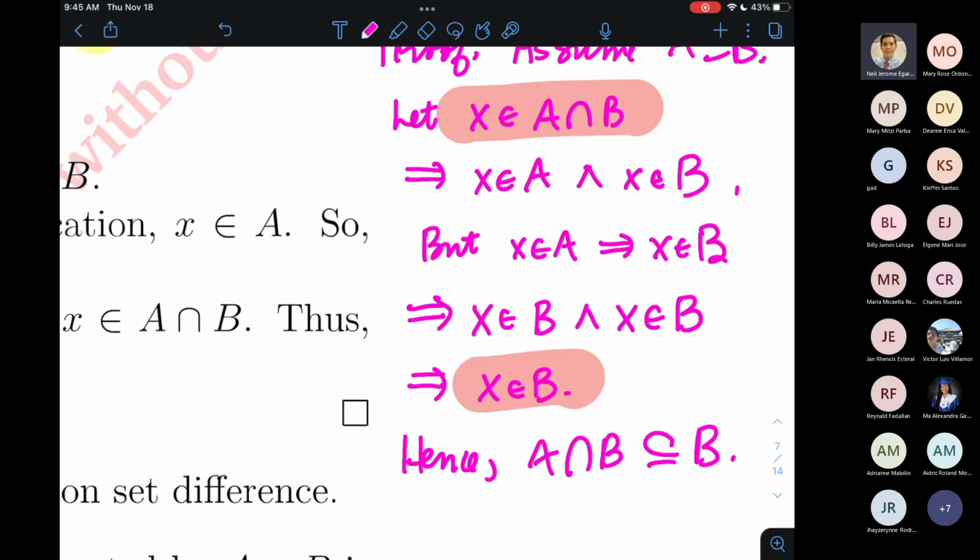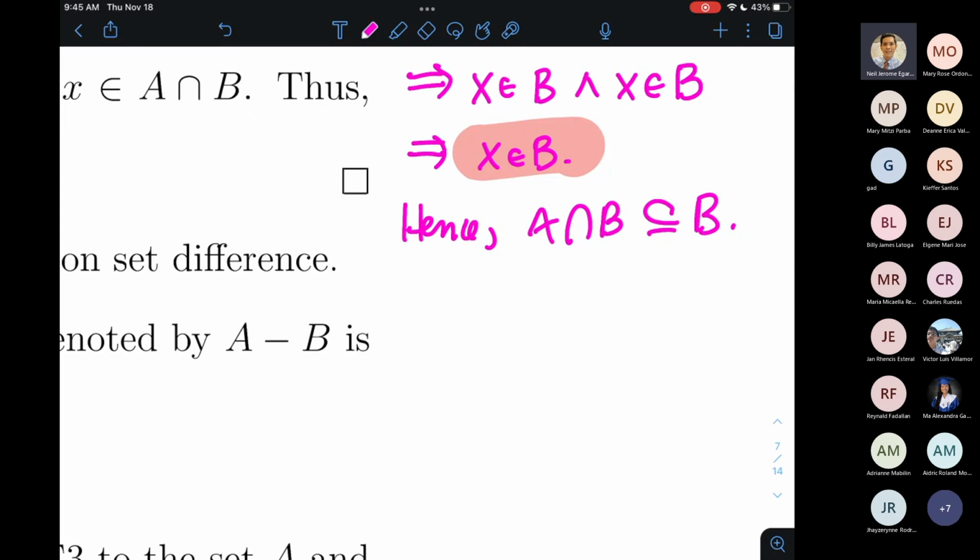All right. Now we will do the other way. So now we will assume X is in B. All right. So kung si X ay na kay B, paano ko mapapalabas na element siya ng intersection?